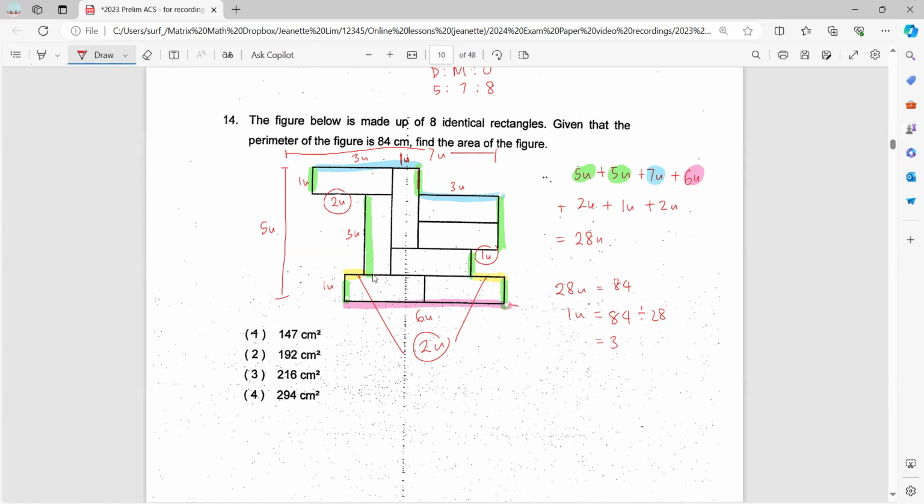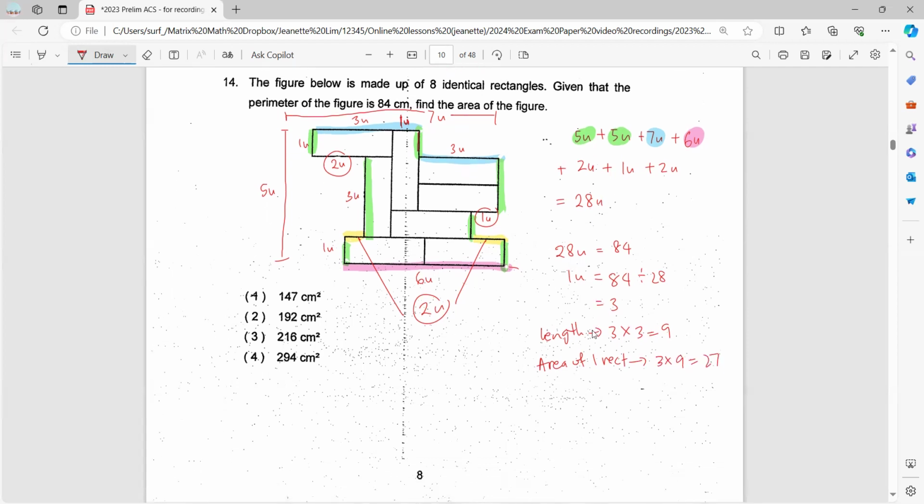So one rectangle length is 3 times 3. So area of one rectangle is 3 times 9. Then multiply by 8 because there are 8 rectangles. So 216 is the answer.